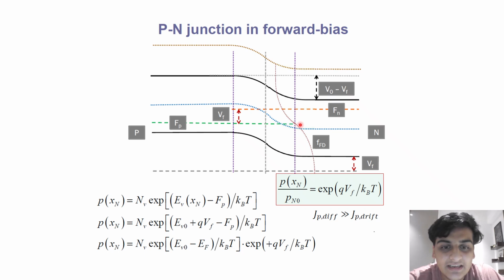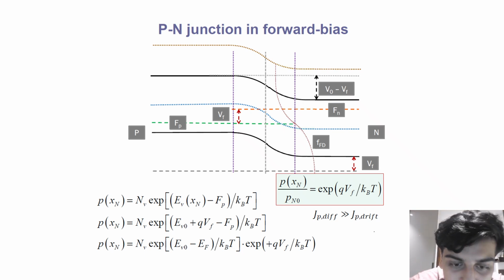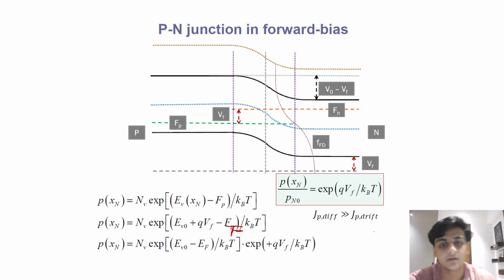But you can see that this Fermi level Fp is Vf less than the original Fermi level of the device. The difference is Vf, which means, by the way, there is a typo here in the source. This particular Fp is supposed to be EF, which is the original Fermi level.